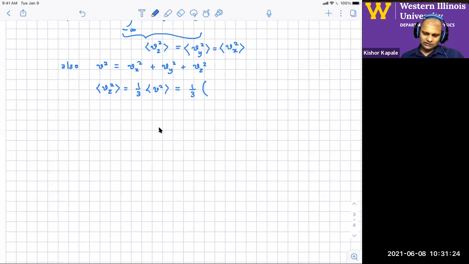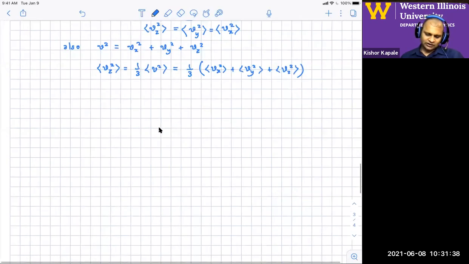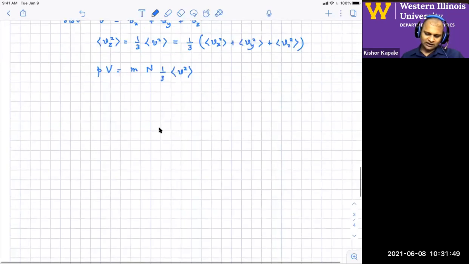Okay, so vx squared, I'm just writing everything down, vy squared plus vz squared. Okay. So then we get the pressure times the volume is equal to m times n times 1/3 of v squared. And so let's take a look at this.